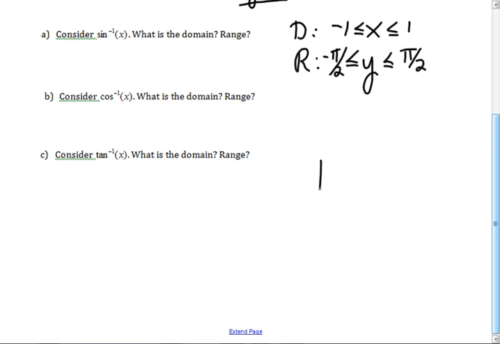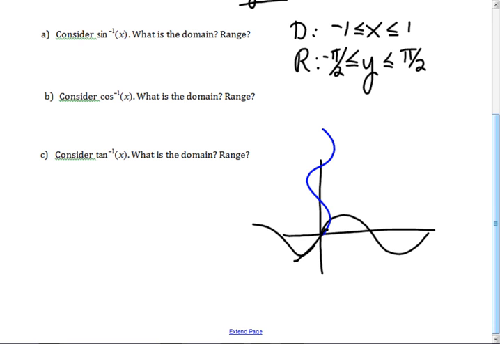Let's draw the sine function. Here's the sine function, and its inverse function would look like, see if I can do this. That's the inverse sine. Is that a function? No. Okay, let's see if I can do this. I'm not very good at this, but I'm going to try.